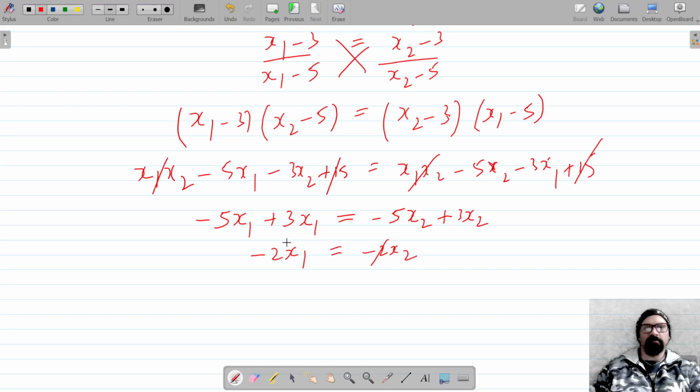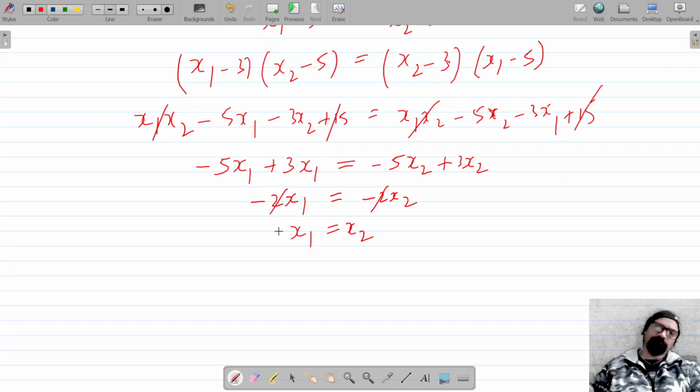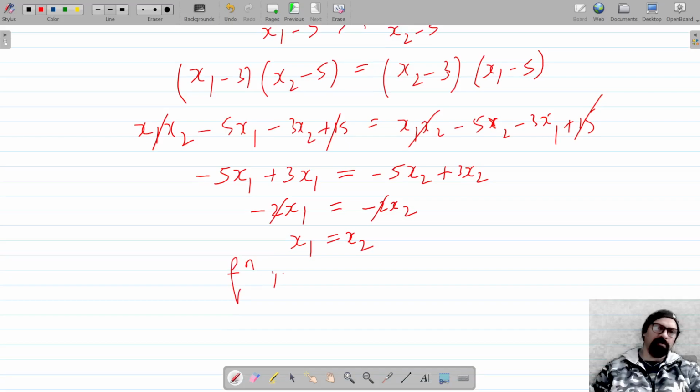So that means when the images are equal, the values of the domain are also equal. That means for every x, there is a unique image, and which concludes that the function is 1-1.